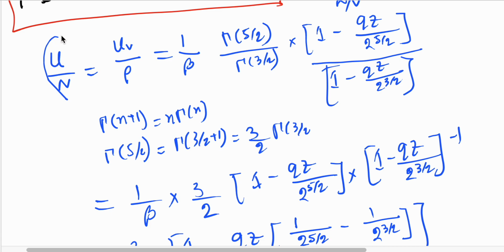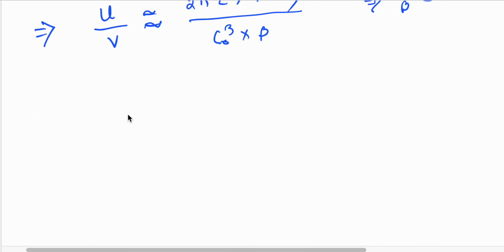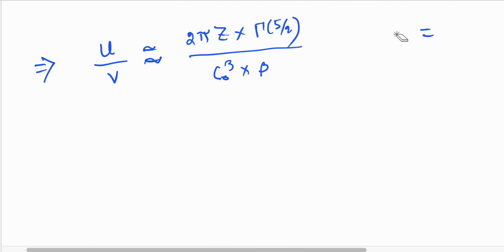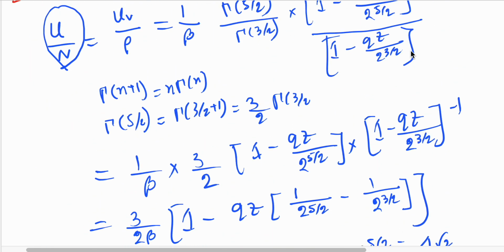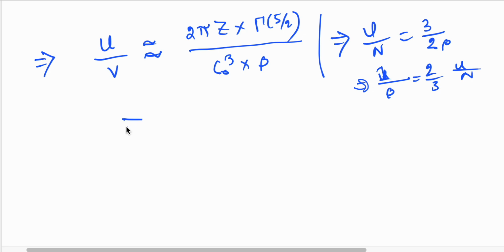To express beta in terms of u, we only take up to the first order. So if we take the first order only, u by n equals 3 by 2 beta. So 1 by beta is equal to 2/3 u by n. We'll use that here.